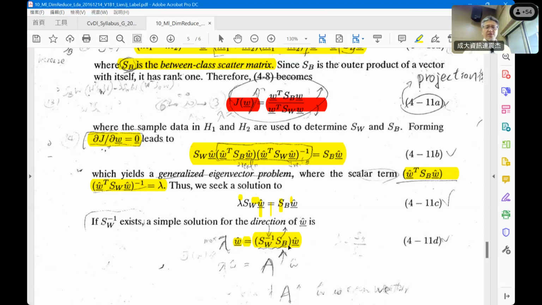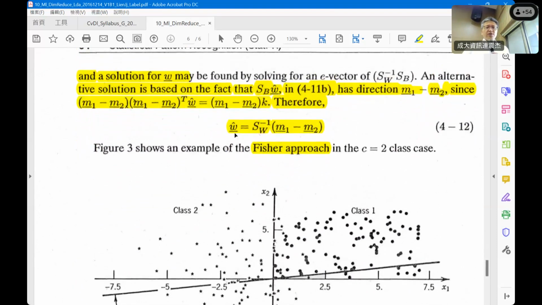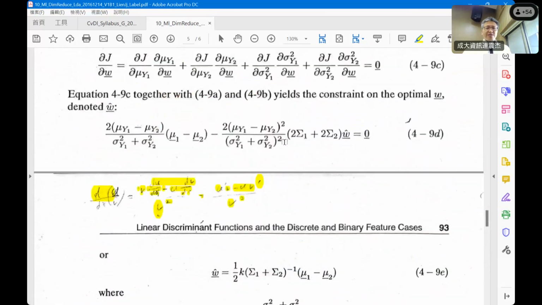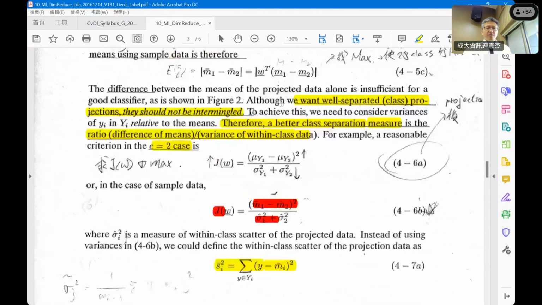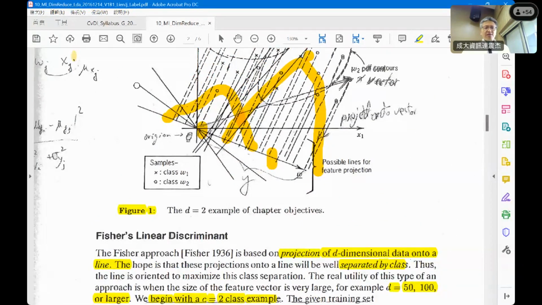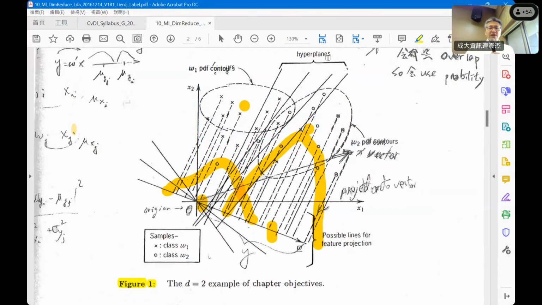So that's your answer. 这解完了。So you can solve W, omega, sorry. So that's your answer. So after you solve W, you can find the best normal direction. You can find best one. So this normal direction will corresponding to the line here.